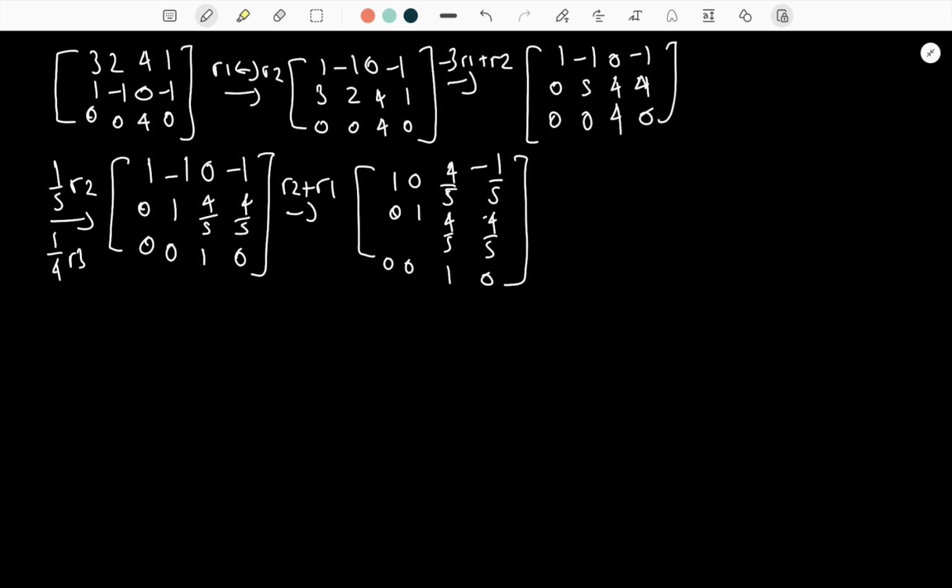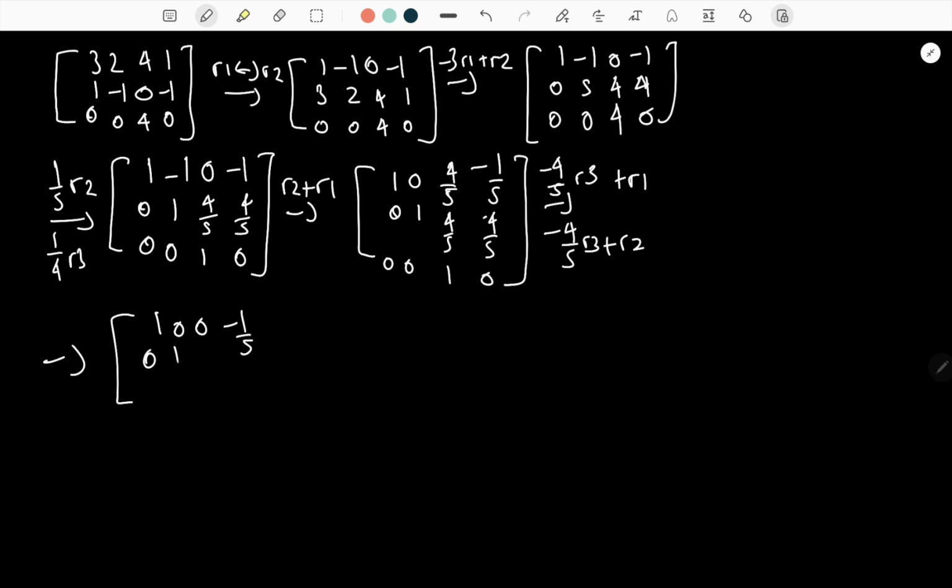We can do minus 4 over 5 R3, and then again plus R1, first of all, minus 4 over 5 R3 plus R2, and this will be the final answer now, which is gonna be, first row is gonna change into 1, 0, 0. Use a calculator for this, or you can use your mental maths.